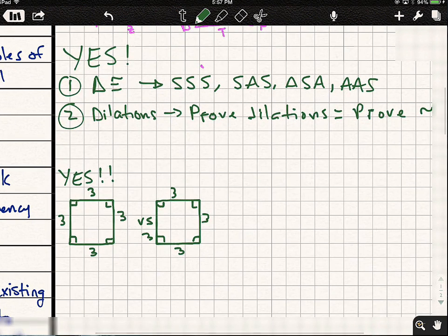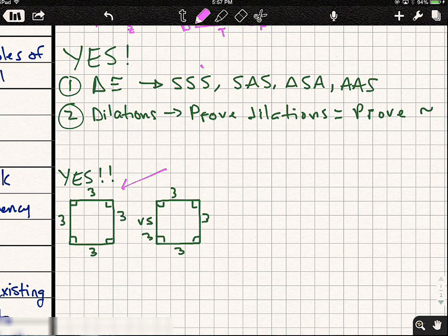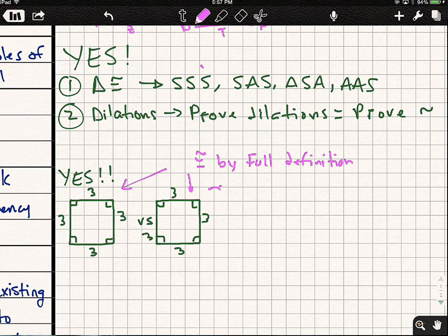I can claim that this object is both similar and congruent. They're congruent by definition, but they're also similar by full definition.